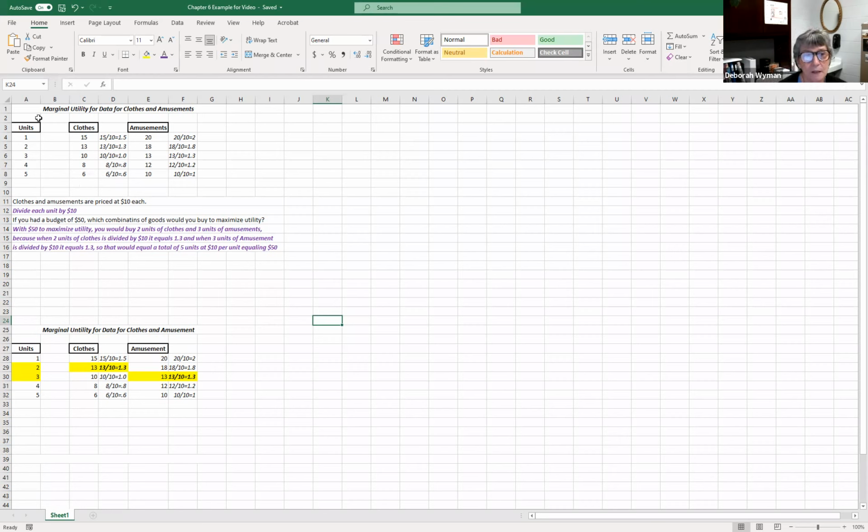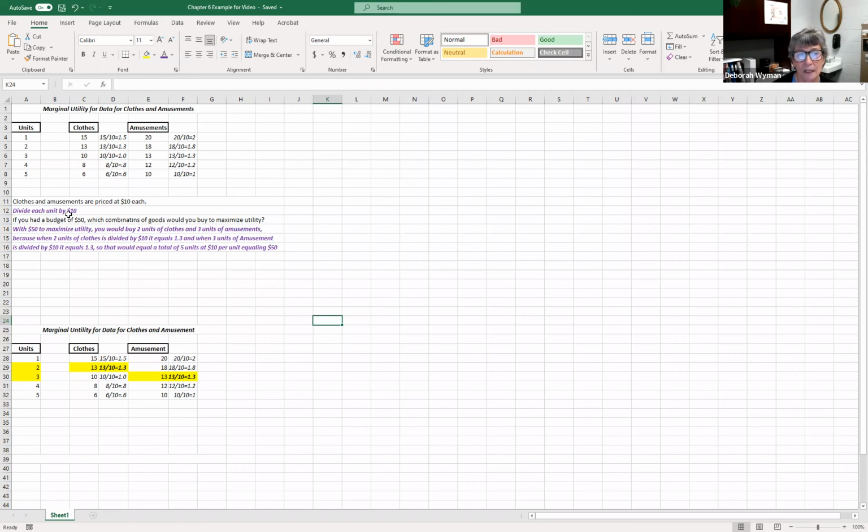But, okay, so we're just talking about units here, and then we have clothes, we have 15 something of clothes, 13, 10, 8, 6, and for amusements, we have 20, 18, 13, 10, and 12 and 10. So the way that we're going to figure this out is the first thing that we need to know is clothes and amusements are priced at $10 each.